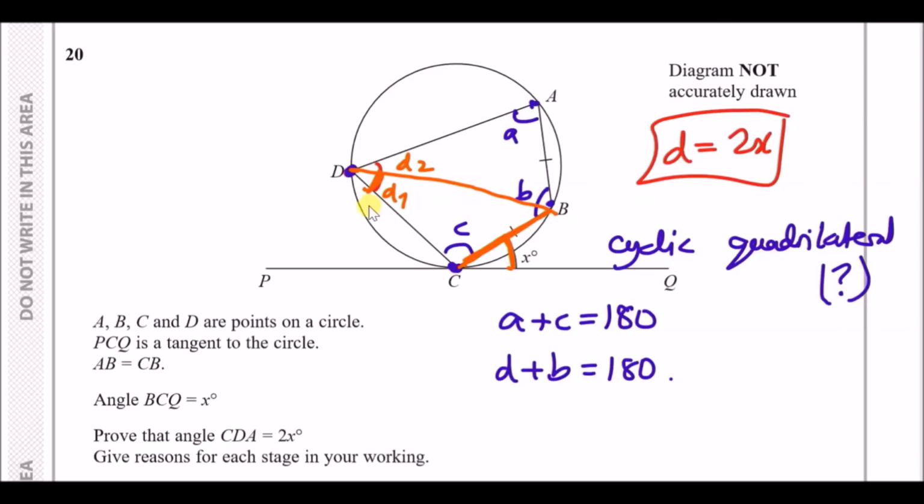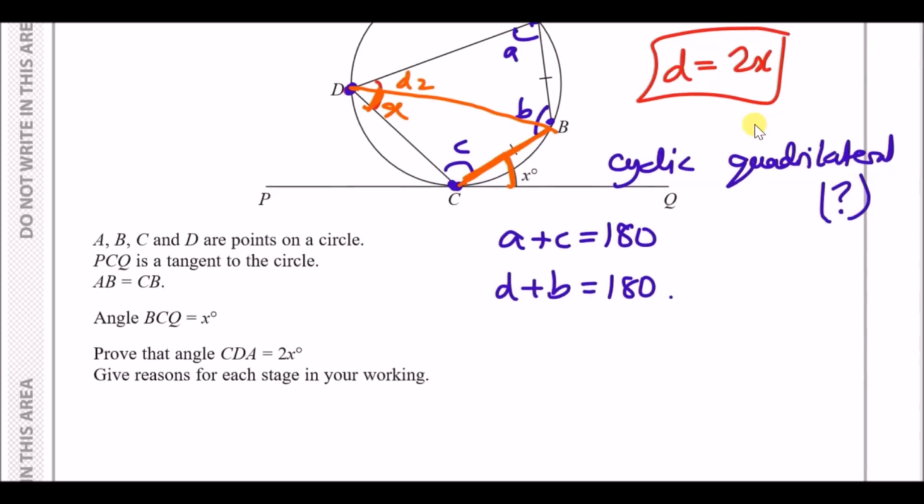We can say that x equals D1, so let's replace D1 with x. And we can call this angle here D minus x, because D minus x plus x gives you the full D. So that's called the alternate segment theorem.